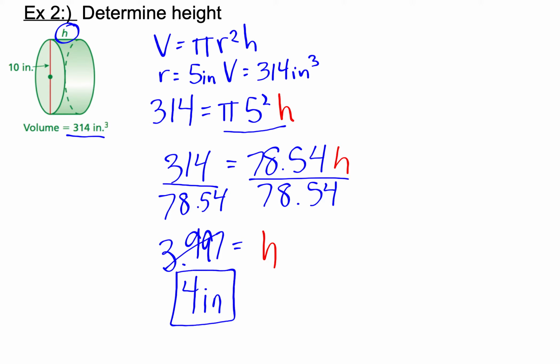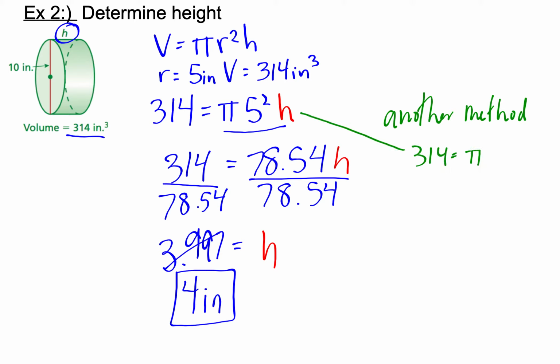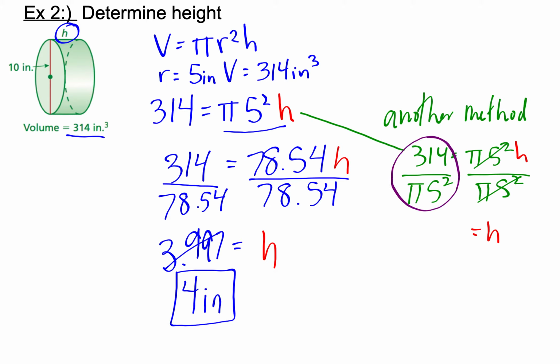Now, another method is on your calculator, where generally there are parentheses so that you can hold things together. From this point, 314 equals pi 5 squared H. We would divide both sides by pi 5 squared. If you do this method, you do need to be careful that you type it into the calculator in such a way that the calculator will give you the right answer.